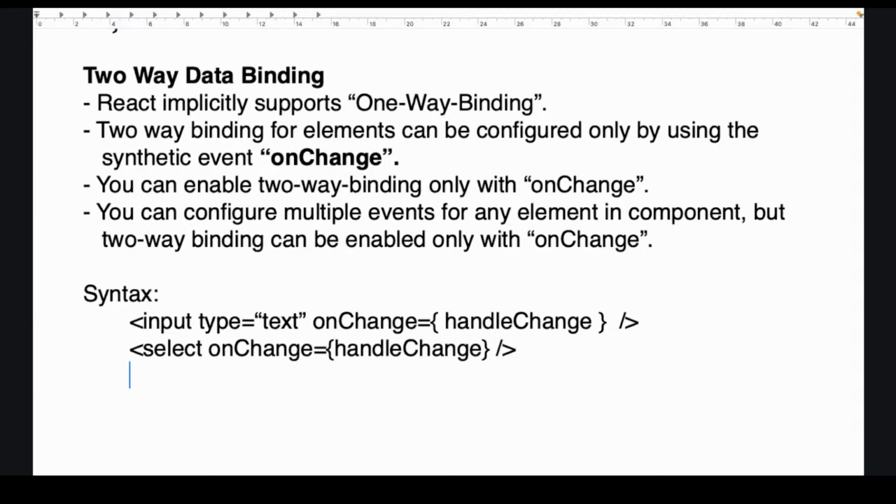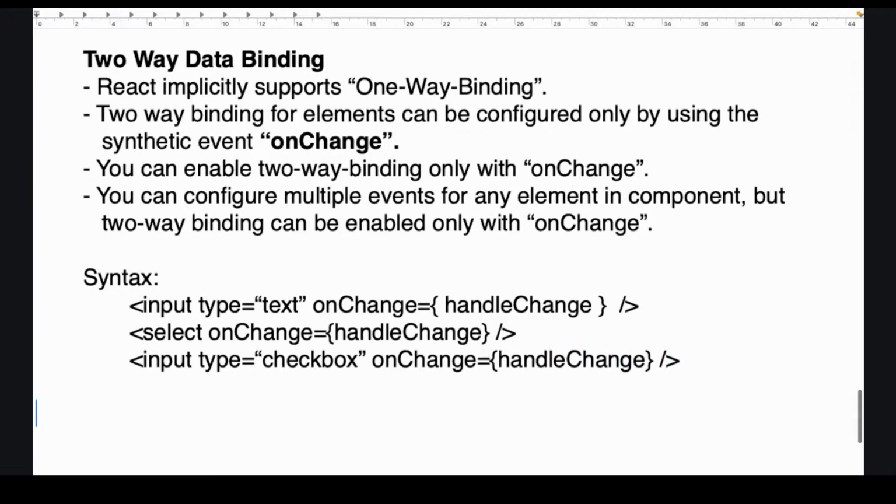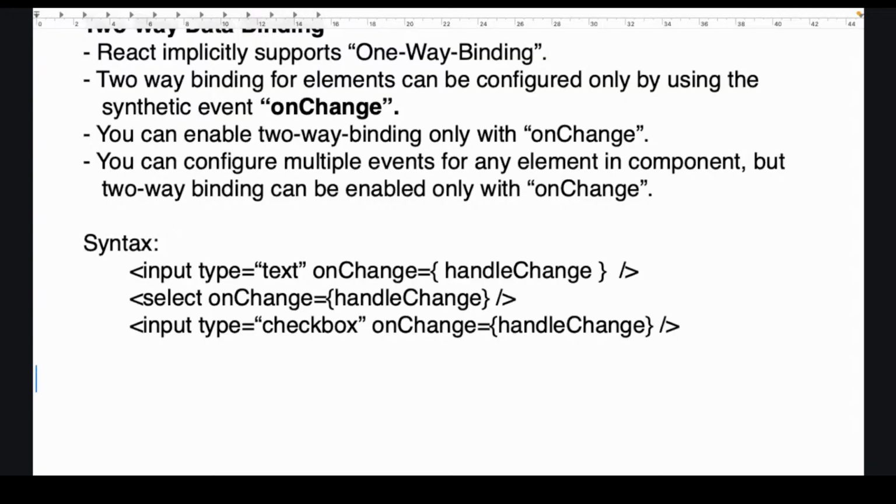Suppose you are dealing with a checkbox or a radio, input type checkbox, so on change. We will see different examples of how to handle them. If you don't write on change, two-way binding will not work at all. It will not allow you to modify. It will be treated as read only.